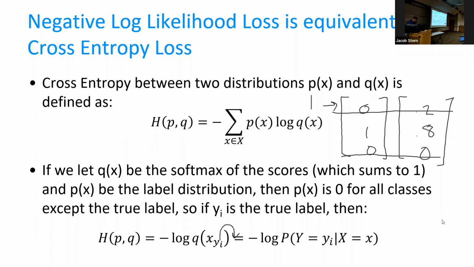If we were to translate 2 into a one-hot encoded vector where there are 3 classes, it would be 0, 0, 1. And then 0 would be 1, 0, 0.